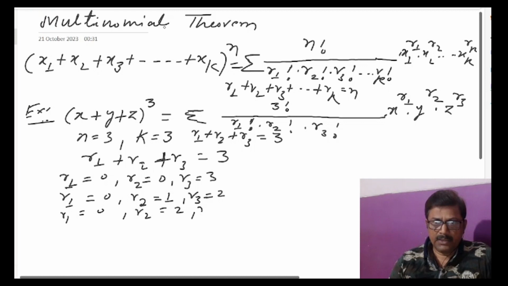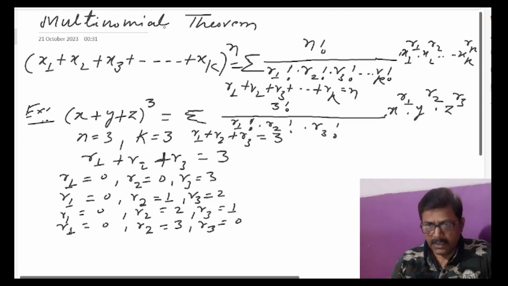So obviously R3 will be 1. Again keep R1 equal to 0 and take R2 equal to 3. So obviously R3 will be what? R3 will be 0. Correct? So we got 4 sets.